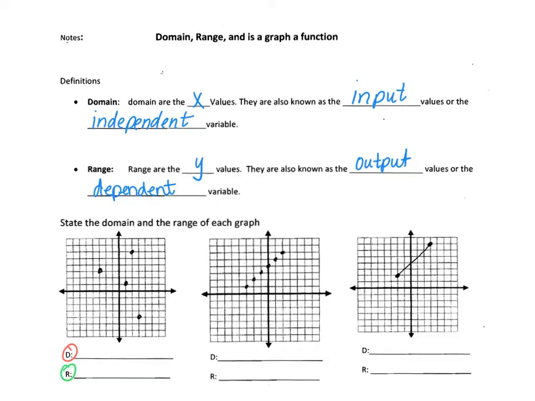So the domain are the X values. When we're looking at a graph, we're looking for what X values the function or the graph takes up. For this graph, which is called discrete because it is just 4 separate points that are not connected, my domain is, I'm going to put a little line on every point.